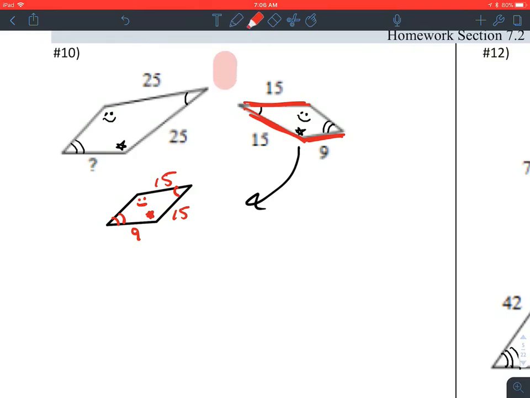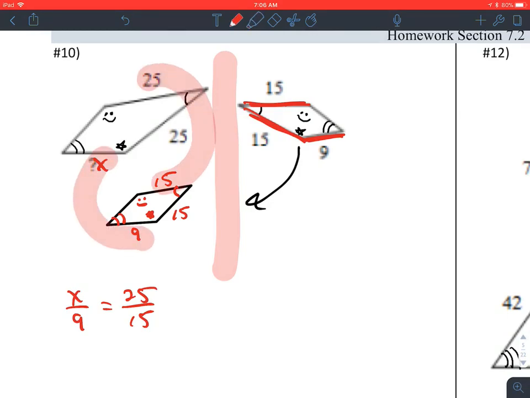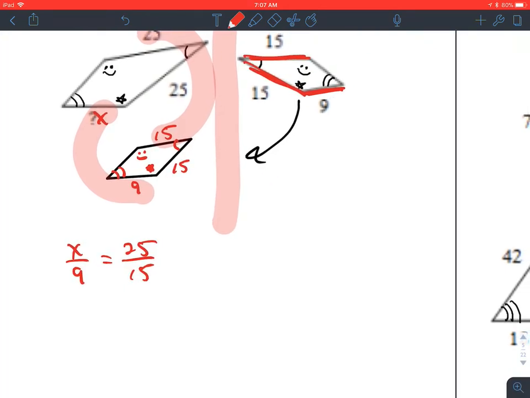So I'm comparing now the triangles on the left. I'm going to call this question mark X. So X is to 9 as 25 is to 15. Corresponding, corresponding. Once again, many different ways to write that proportion.